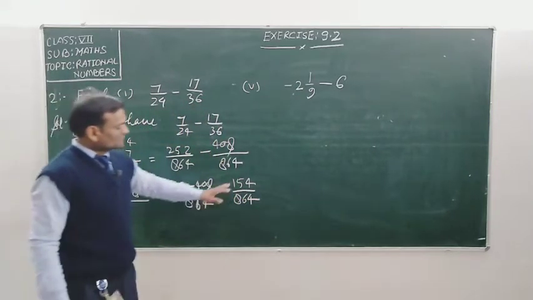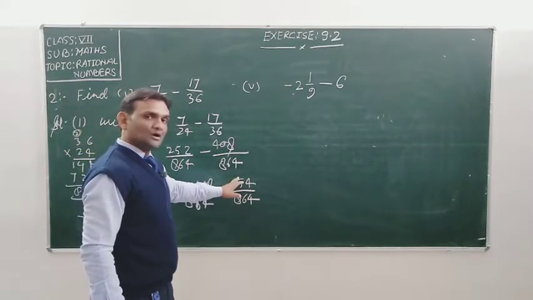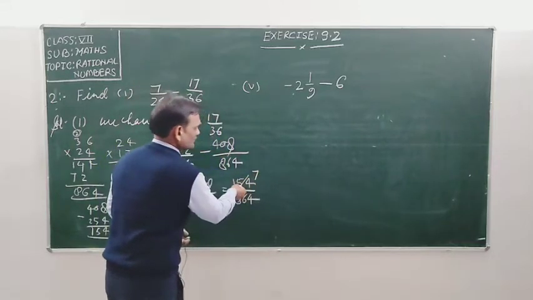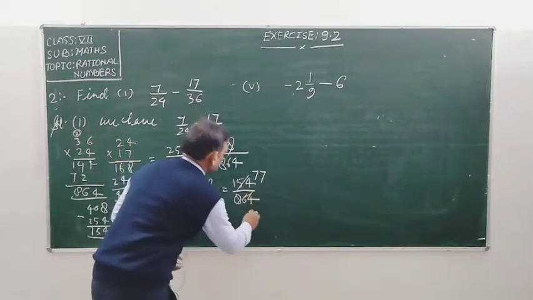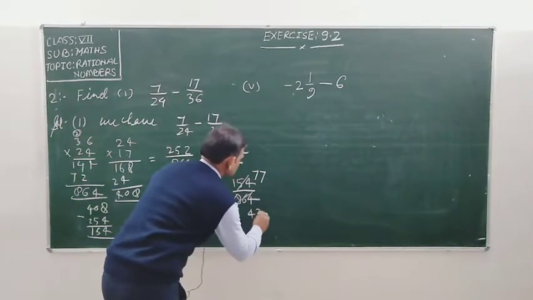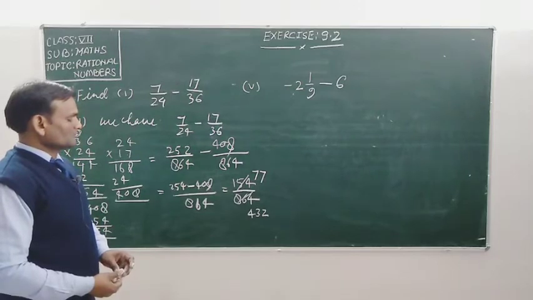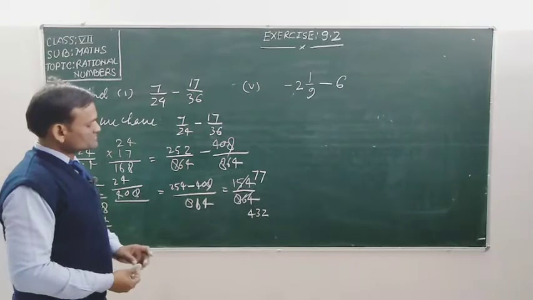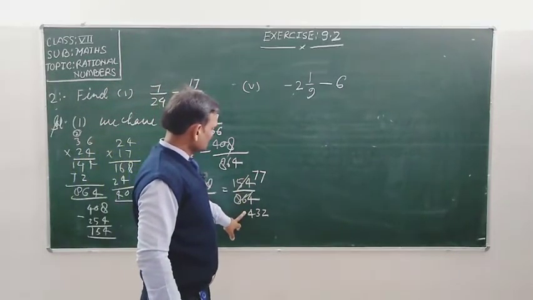Now, student, both numbers are in the table of 2. So we can cancel by 2 these two numbers. 2 7s are 14, 2 7s are 14, and 2 4s are 8, 2 3s are 6, and 2 2s are 4. So, student, by which number are both cancelled?